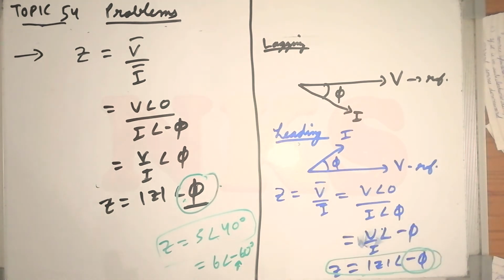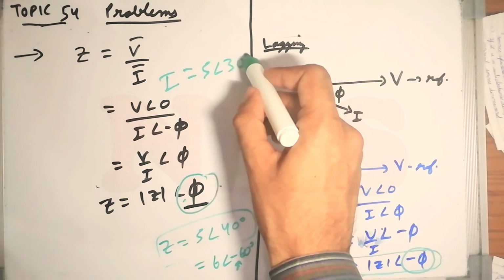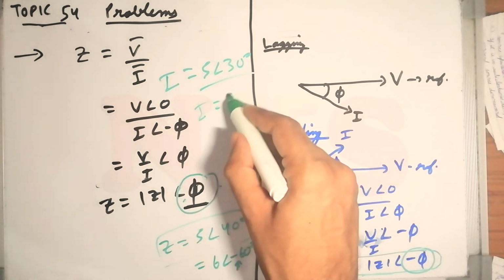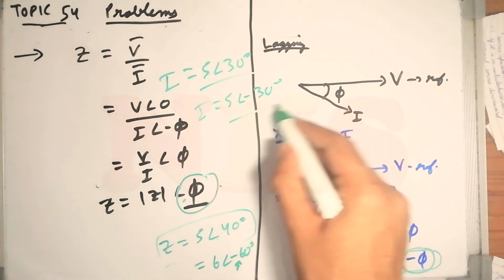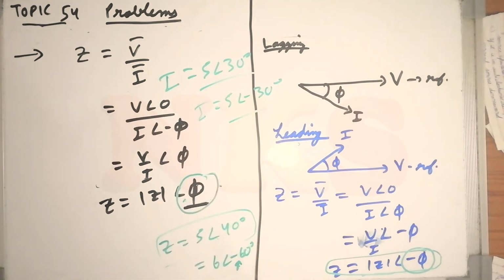Similarly, if I is written as 5 at an angle 30 degrees, you should understand that this is a leading kind of load. And if it is written 5 at an angle minus 30 degrees, you should understand that this is a lagging kind of load. That is the purpose of this discussion.